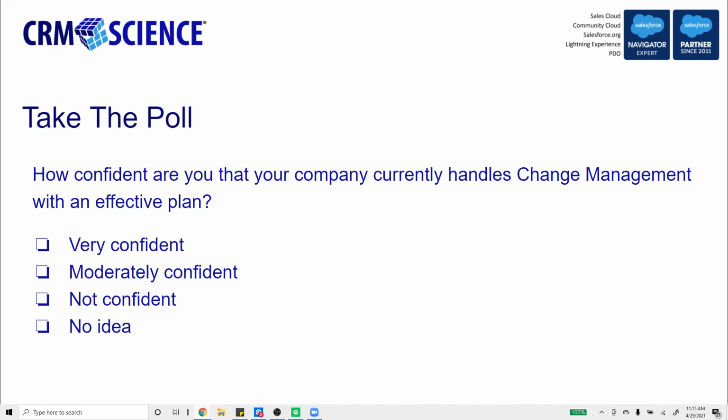All right, I'm going to end the poll and share the results. So it looks like the majority of people are moderately confident to not confident. And that's honestly not extremely surprising, right? One of the biggest challenges for organizations is to adequately plan for change.